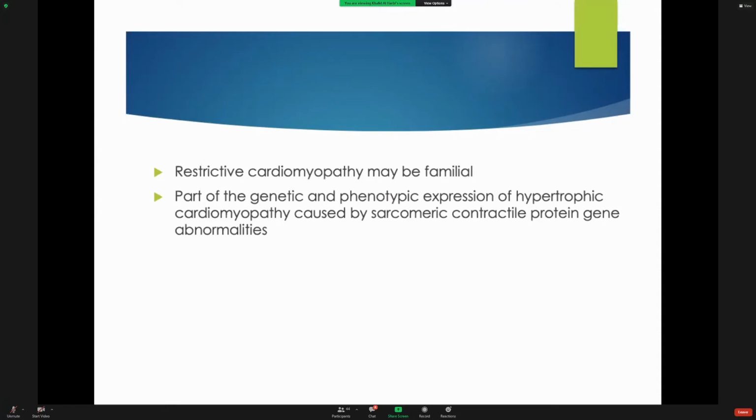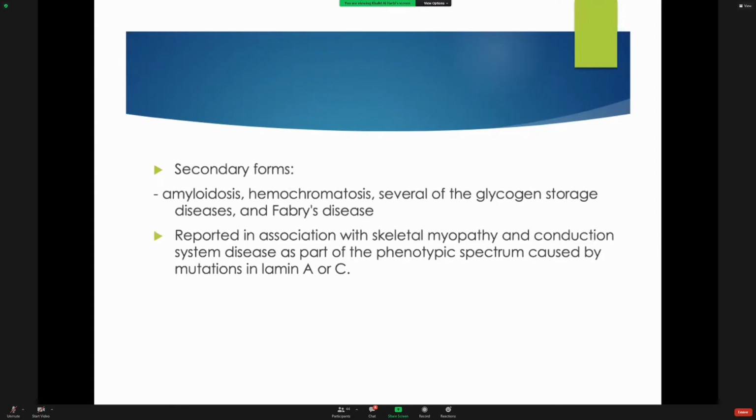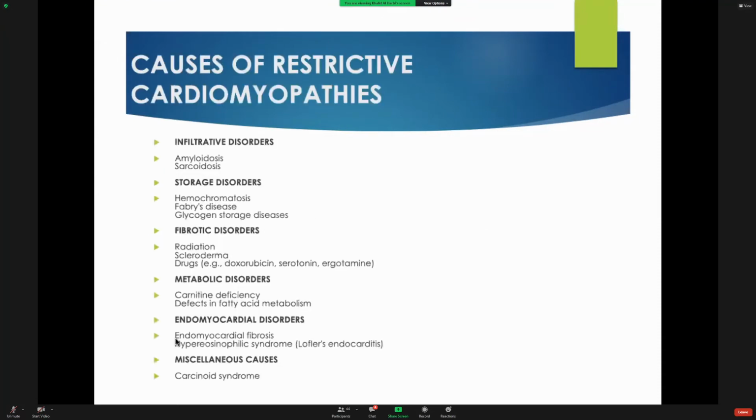Restrictive cardiomyopathy may also be familial, and you have to screen the family. Secondary causes are either infiltrative like amyloidosis, sarcoidosis, storage disorders, fibrotic disorders, metabolic, endomyocardial, and some rare cases like carcinoid syndrome.